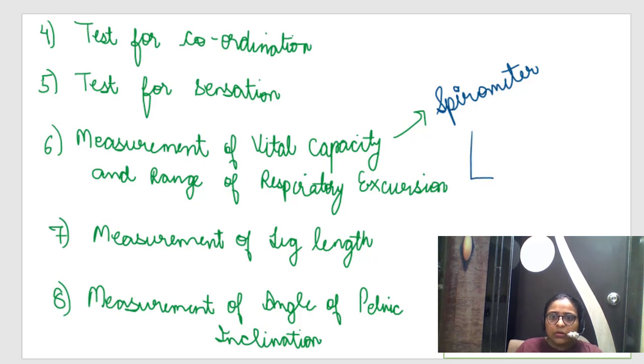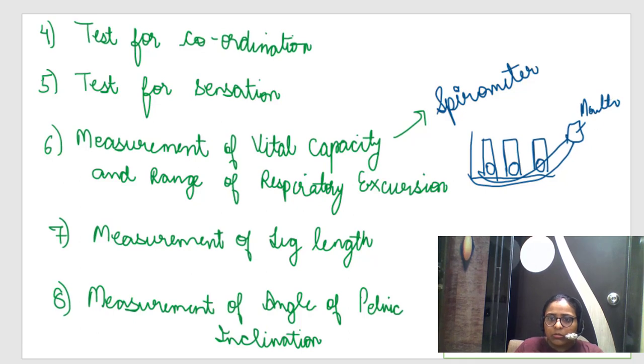You have an instrument like this, and there are three tubes in which balls are placed, in different colors: red, yellow and green, right? One mouthpiece is also given along with it. This is your mouthpiece. With it you have to do the inhalation, and these balls are taken up.